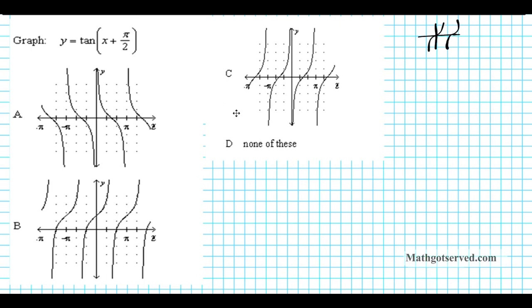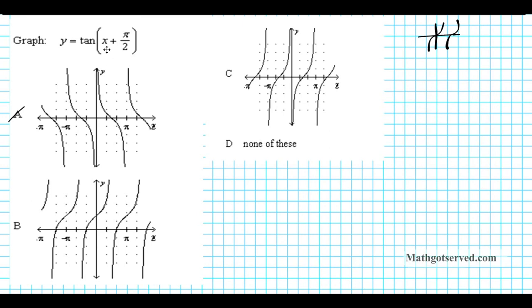The functions that exhibit that increasing behavior from the left asymptote to the right asymptote are options C, D, or B. So I'm going to eliminate option A. This could be a cotangent or negative tan.